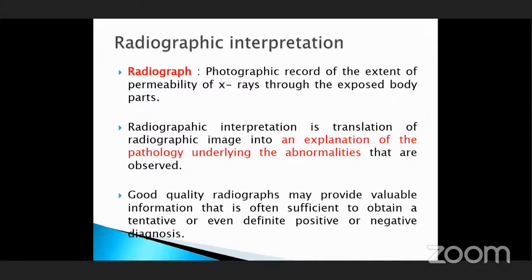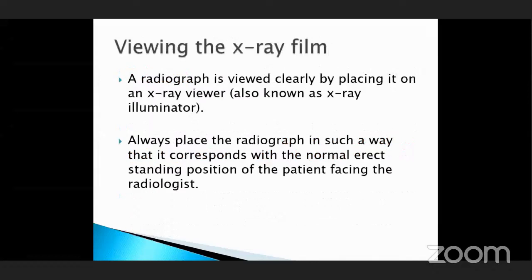Good quality radiographs may provide valuable information that is often sufficient to obtain a tentative or even definitive positive or negative diagnosis. For interpretation, the radiograph should be of good quality and proper exposure should be made of the area to be evaluated, and at least 2 orthogonal views at 90 degree angle to each other must be there.